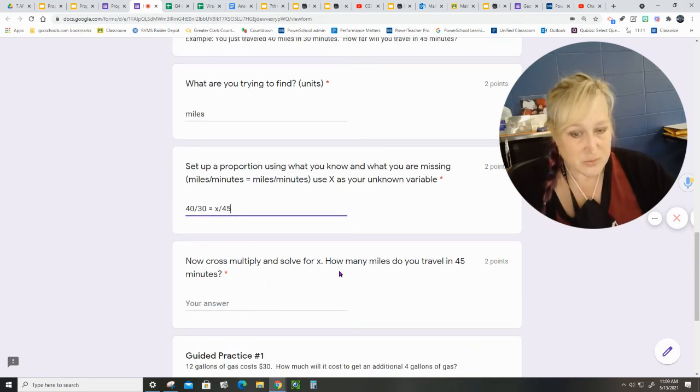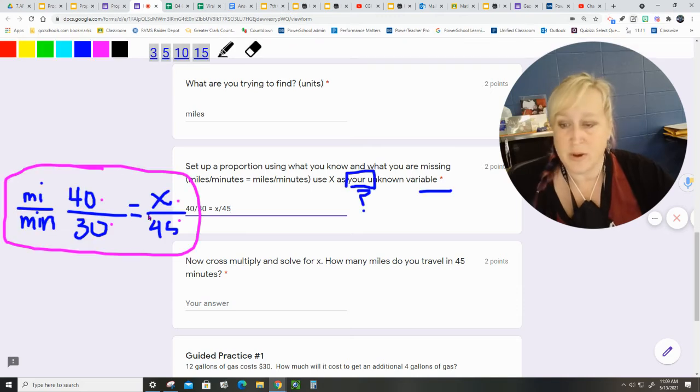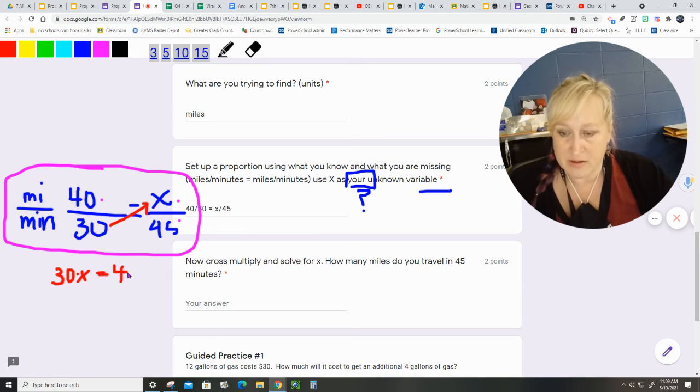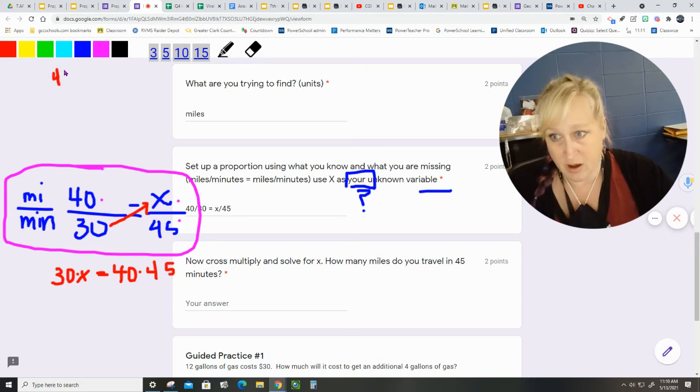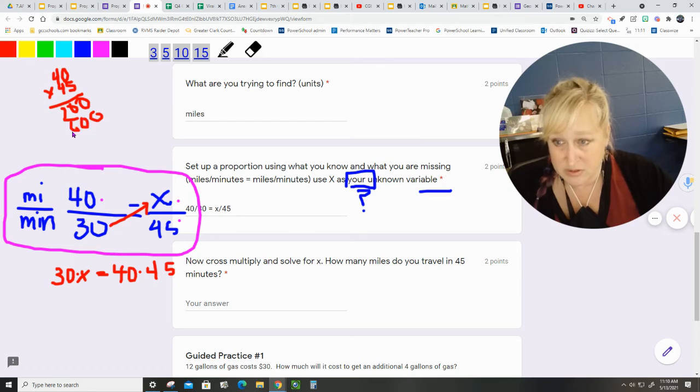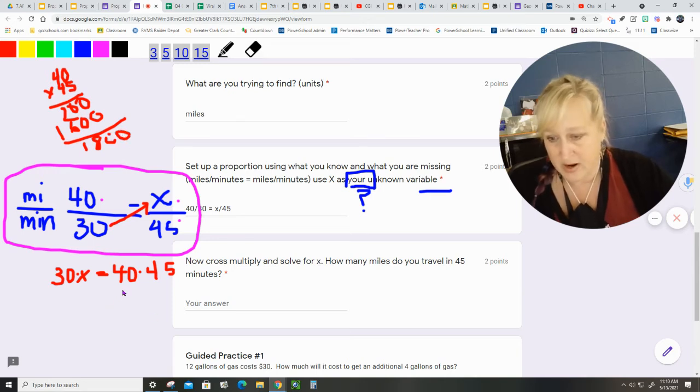All right, then it says cross multiply and solve for X. So let's go back to here. I'm going to change my color to red. Cross multiply: 30 times X equals 40 times 45. Off to the side, I'm doing the 40 times 45. I get 1,800.